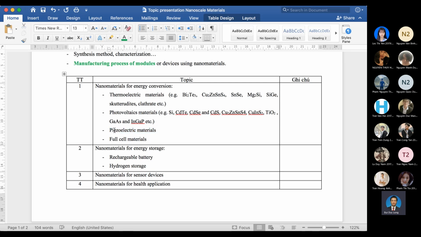We call that a piezoelectric material. Very interesting. For example, some children have shoes that emit lights when they jump and run. That is one application of piezoelectric material. And for thermoelectric material, I explained a little bit about this material. This is also a very interesting material.